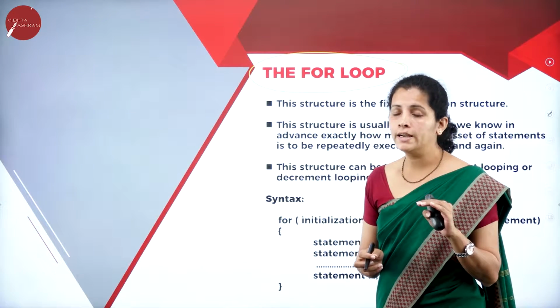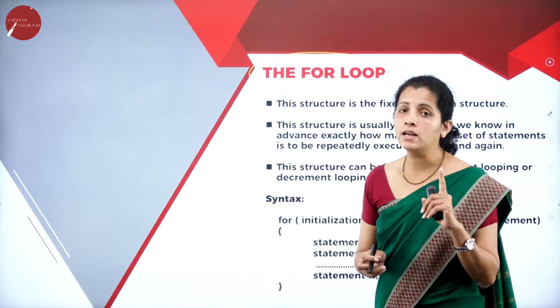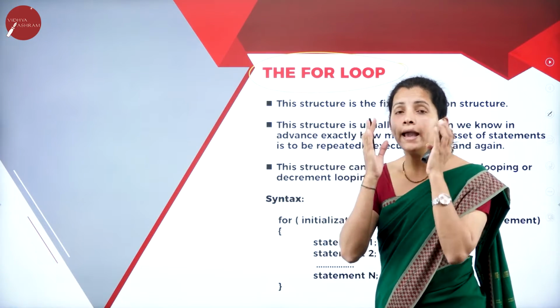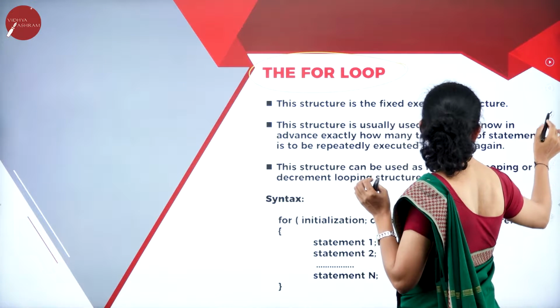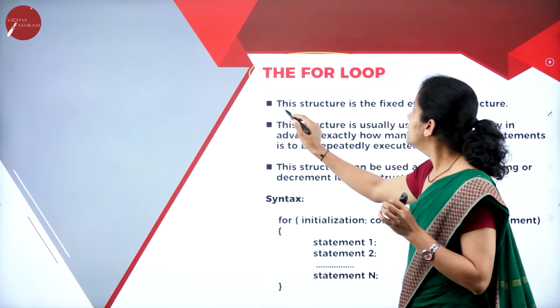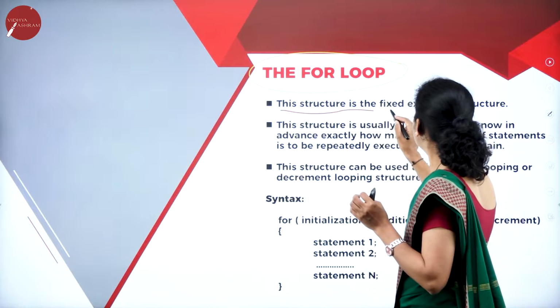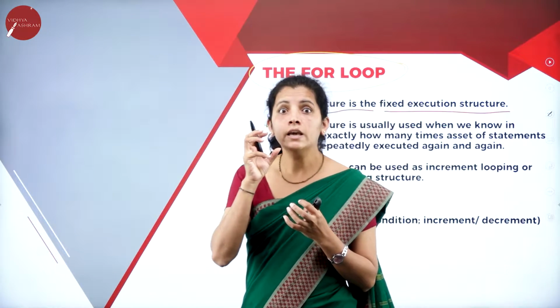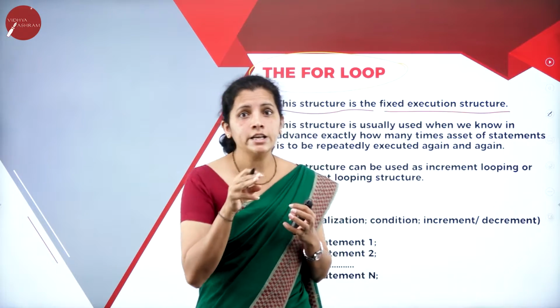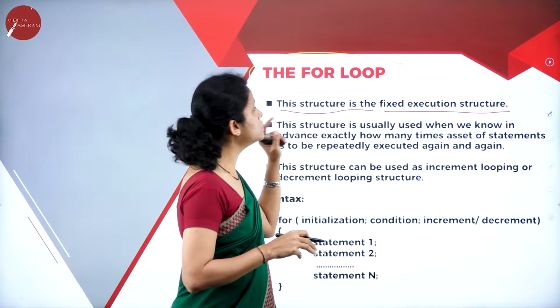So dear student, just remember one thing, that when I know the exact iteration, at that time I'm going to use for loop. So this structure is the fixed execution structure. So when I know the exact iteration, that time I'm going to use for loop.